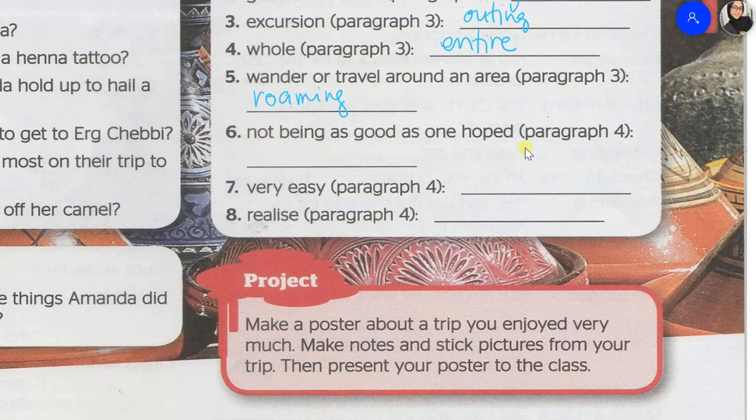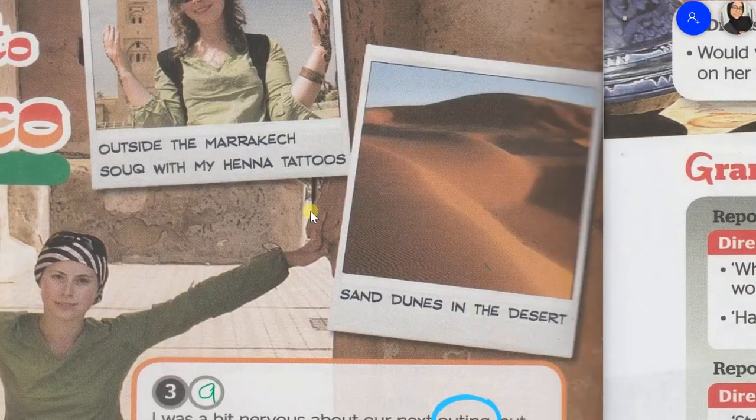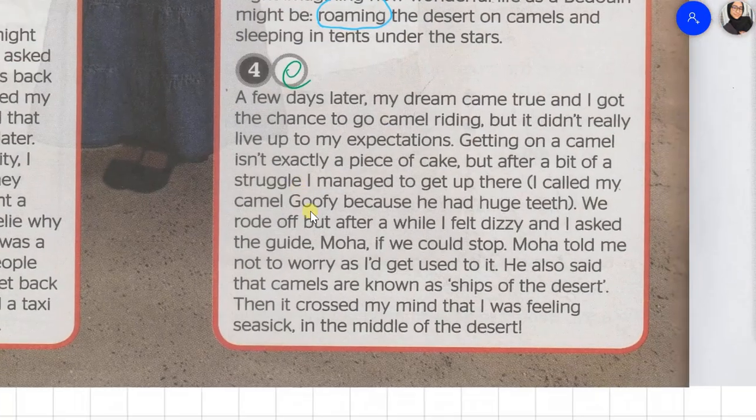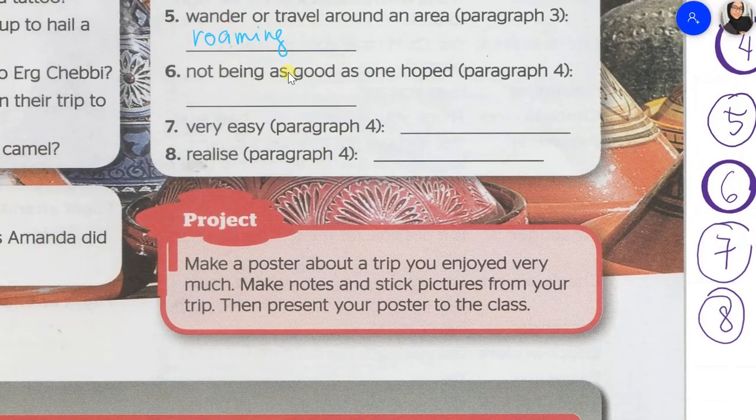Now let's look at paragraph 4 and find which word or phrase means not being as good as one hoped for. Not being as good as what we hope for. A few days later, my dream came true and I got a chance to ride a camel, but it didn't really live up to my expectations. So this means not being as good as one hoped for.